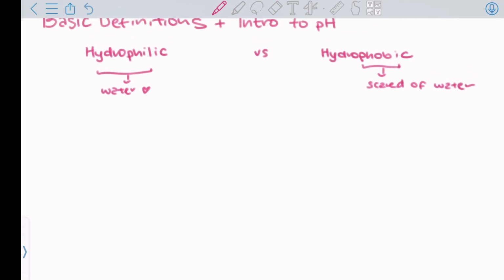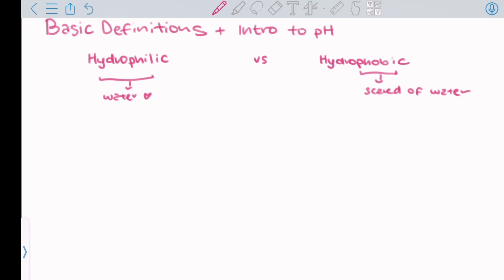Okay, and so let me give some more background on that. A hydrophilic substance is any substance that has an affinity or love for water. And these are typically ionic or polar bonded molecules.